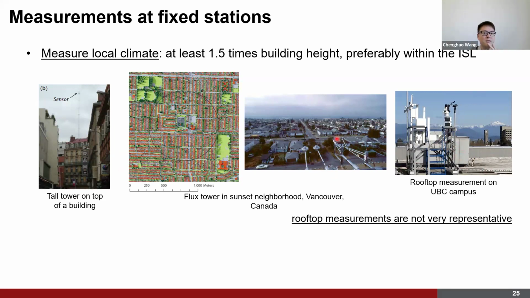And it's okay as long as the sensor is well above the roof, but it can be tricky if the sensor is very, very close to the roof, like this one. Because the sensor will likely pick up some signals from the roof instead of the urban neighborhood. It is not representing the general conditions of the surrounding urban neighborhood.